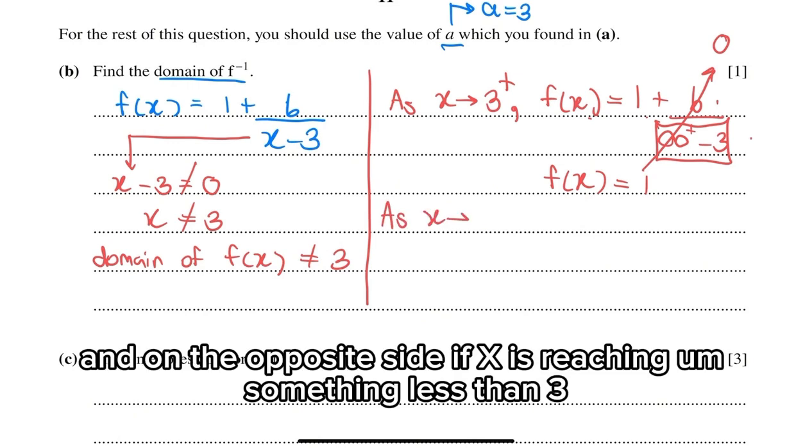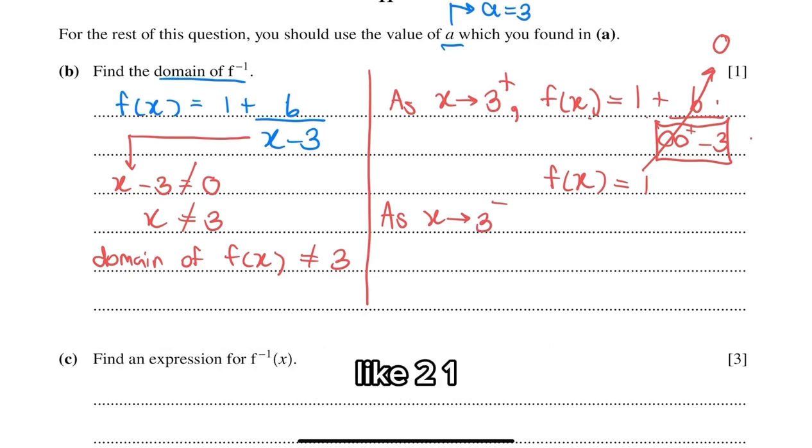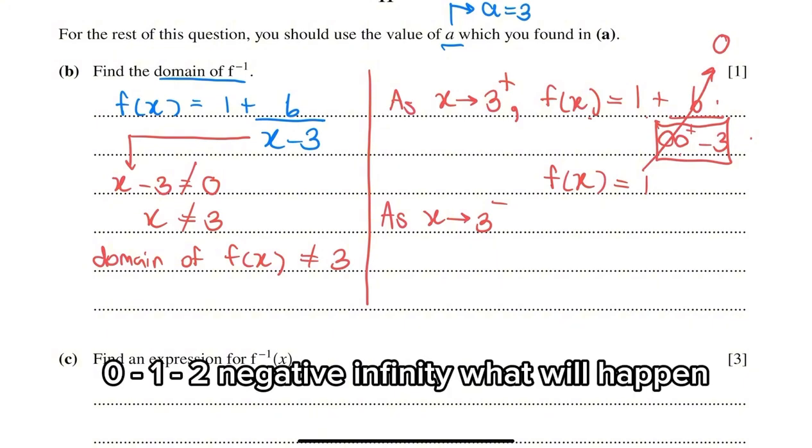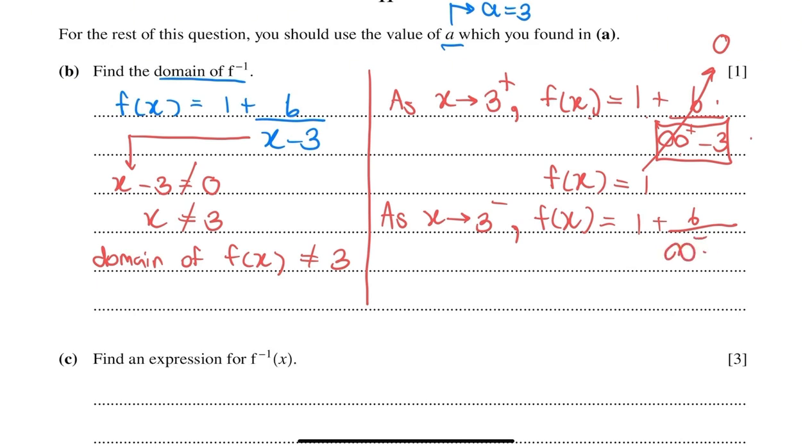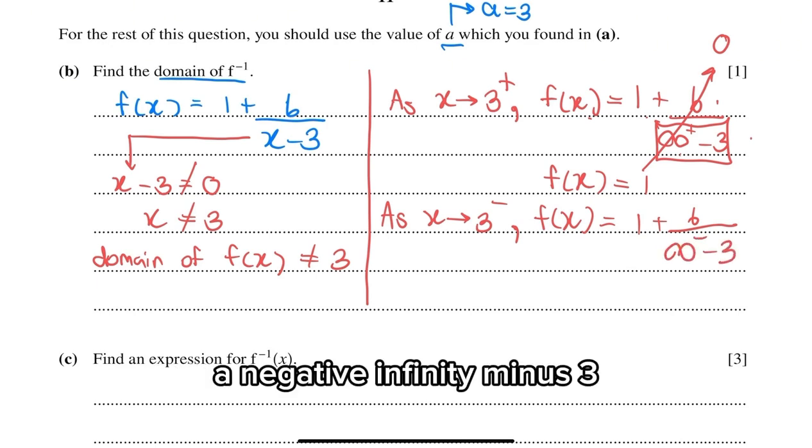And on the opposite side, if x is reaching something less than 3, like 2, 1, 0, negative 1, negative 2, negative infinity, what will happen? So let's write it down. 1 plus 6 over negative infinity minus 3.